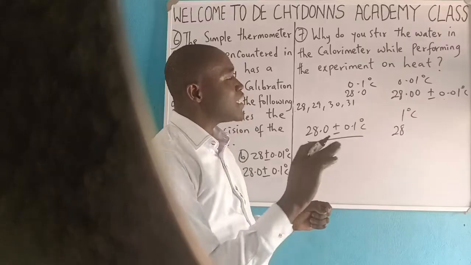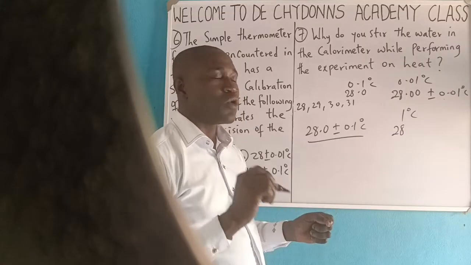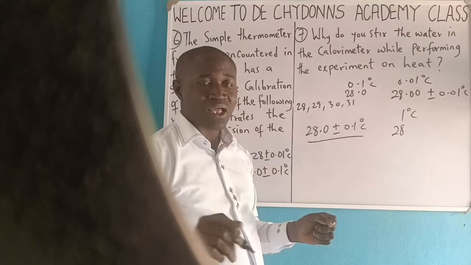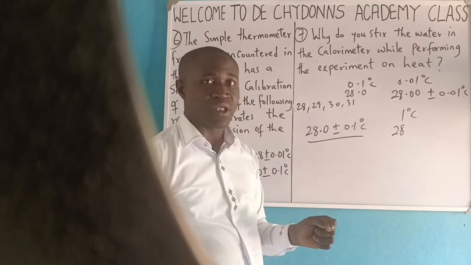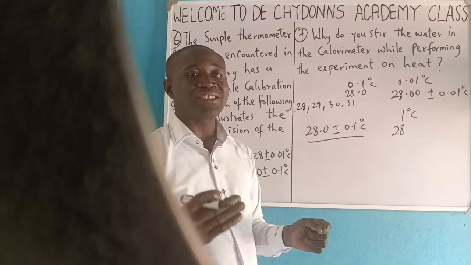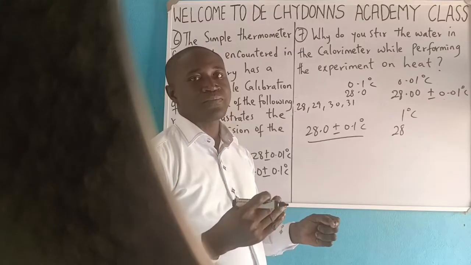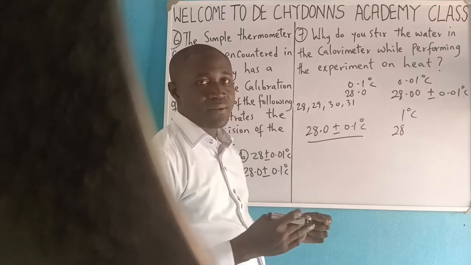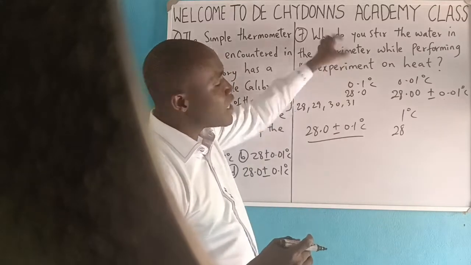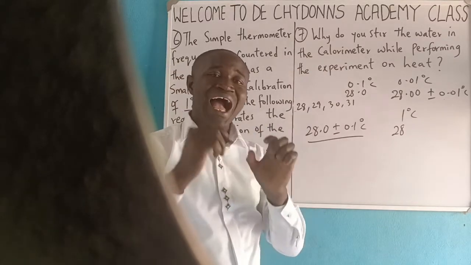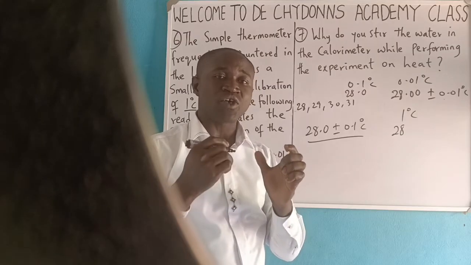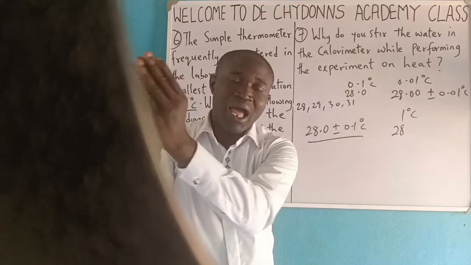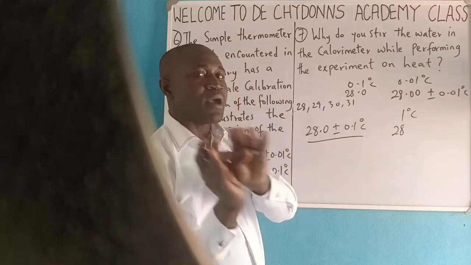So we stir it so as to distribute the heat in the water uniformly, so we will be able to get the accurate final temperature of the water. If we didn't stir it, we will not be able to get the accurate final or resultant temperature. The heat will just go to one point and concentrate and will not be able to circulate.